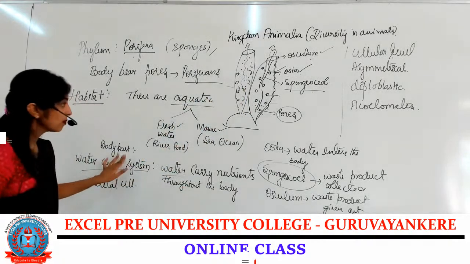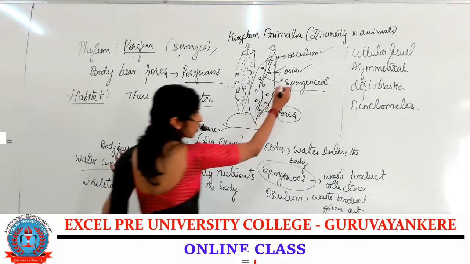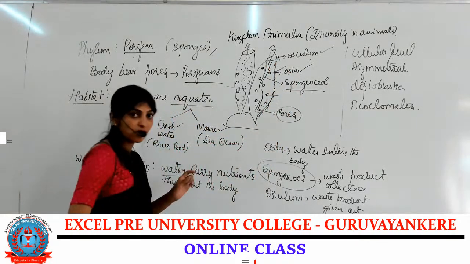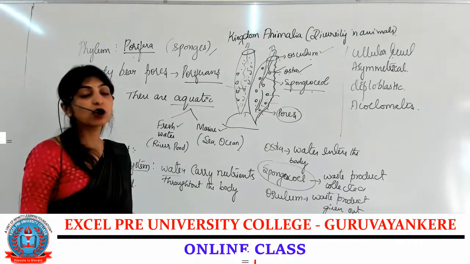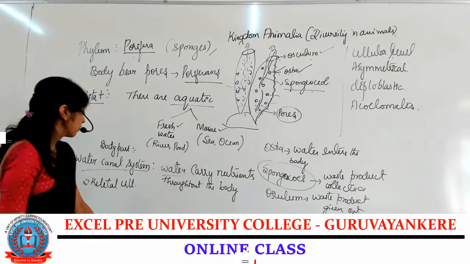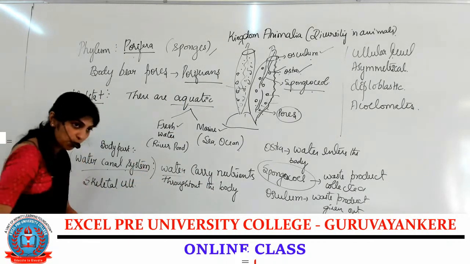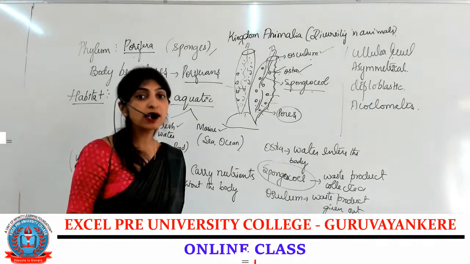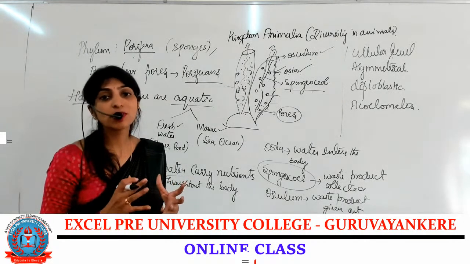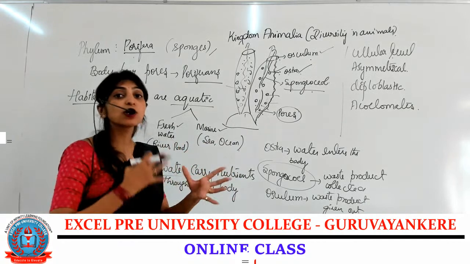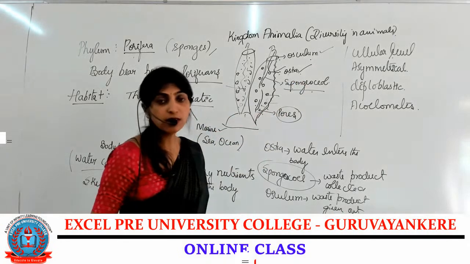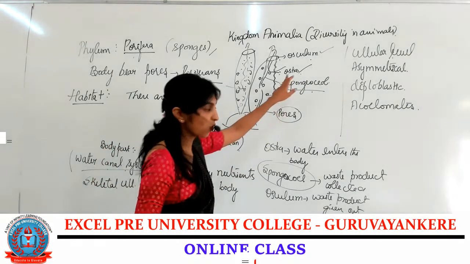Then their body mainly has the pores called ostia, the external opening called osculum, and a cavity, that is the space present, which we call spongocoel. This is very important: sponges bear a water canal system. What is this water canal system? Here you will see how the water is transported along the body. Through ostia, the water enters.